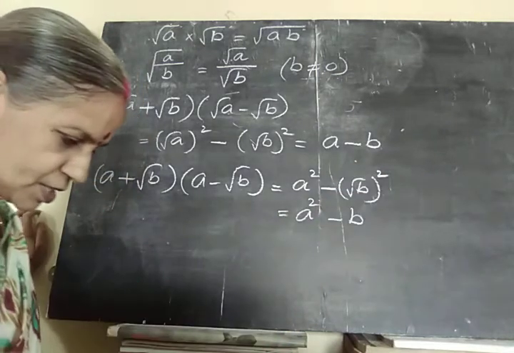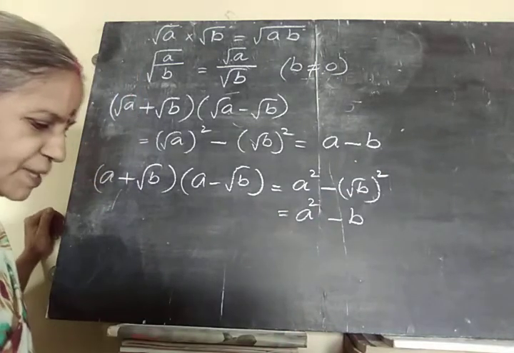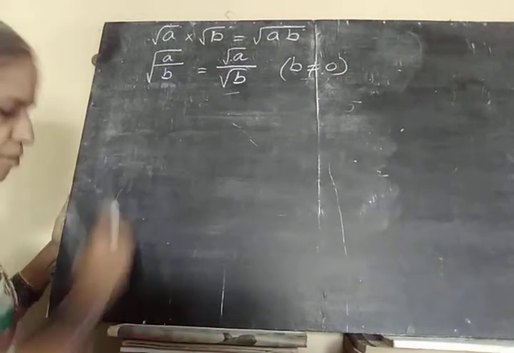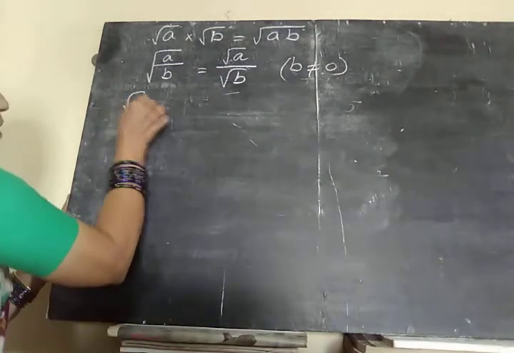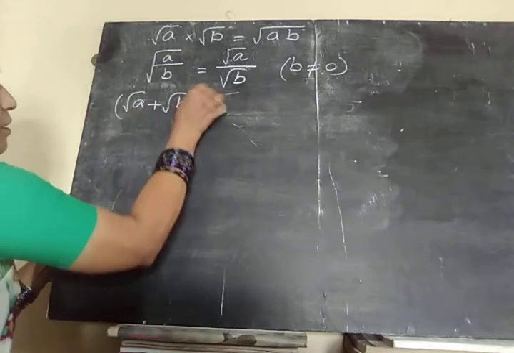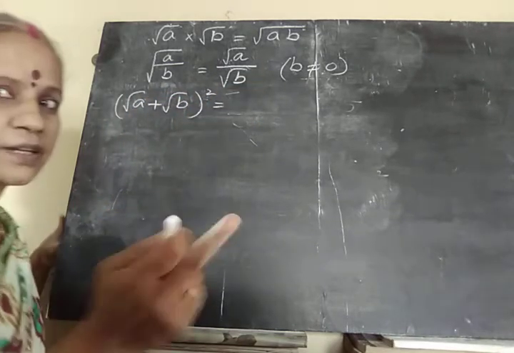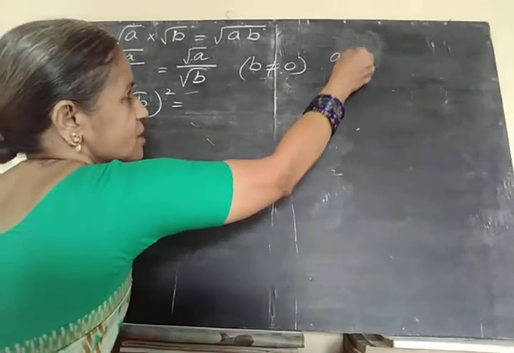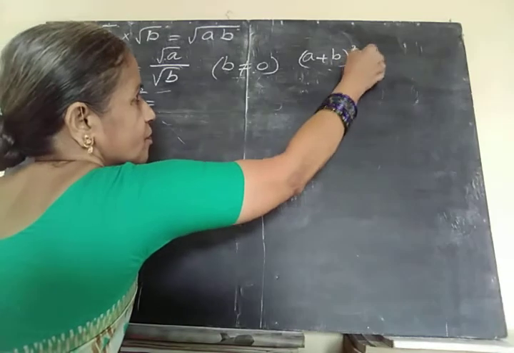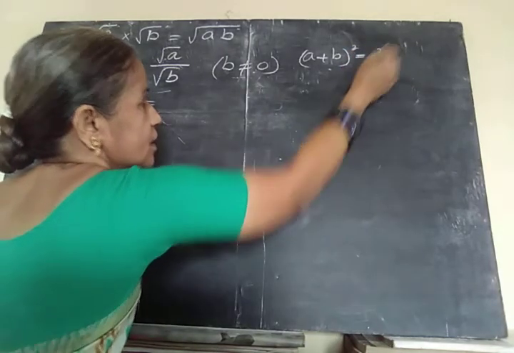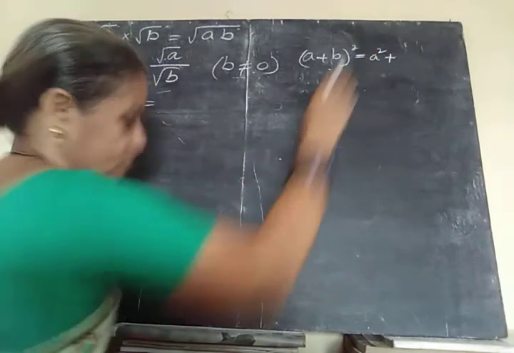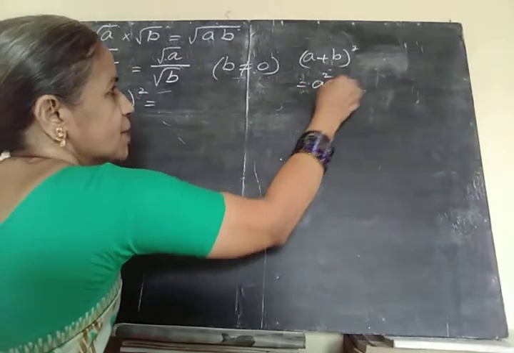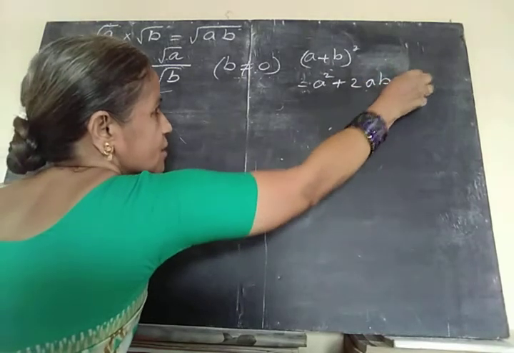Understood? Next, root A plus root B whole square. Remember, what is A plus B whole square? A square plus 2AB plus B square.